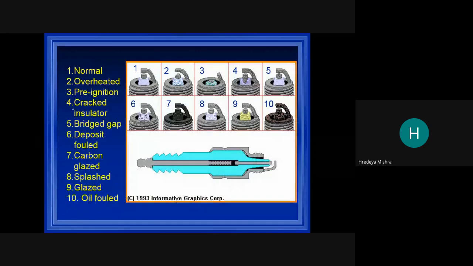So here, number 1 is normal. Number 2 is overheated, meaning the heat here has become too high. Third, pre-ignition. Pre-ignition means the ignition happened early, so there must be a problem, and your electrode has melted out. 4th, cracked insulation.